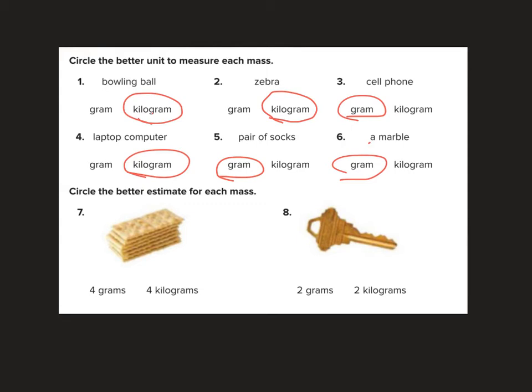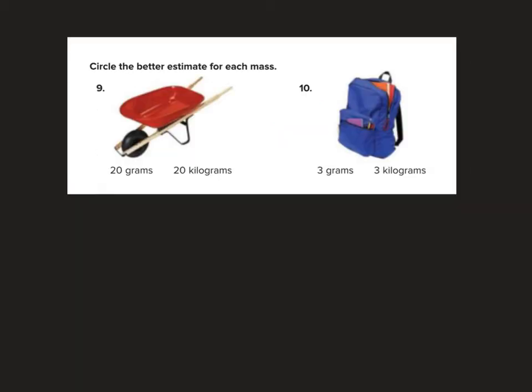Would 4 crackers be the same amount of mass as 4 of your math books or 4 paper clips? Probably closer to 4 paper clips, right? Same with a key, that's pretty light, so that would also be about 2 grams. All right, let's move on.